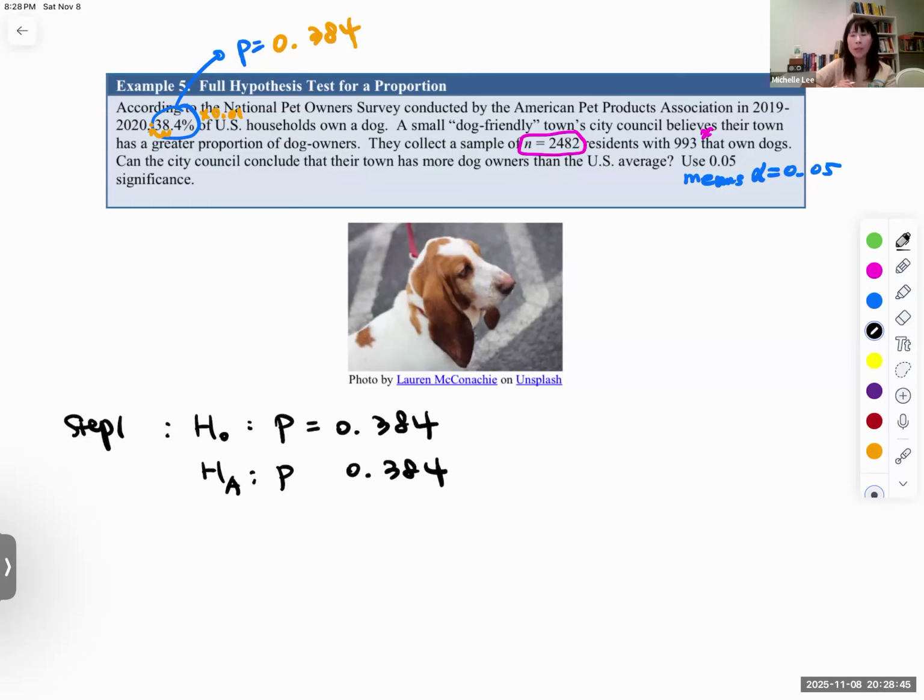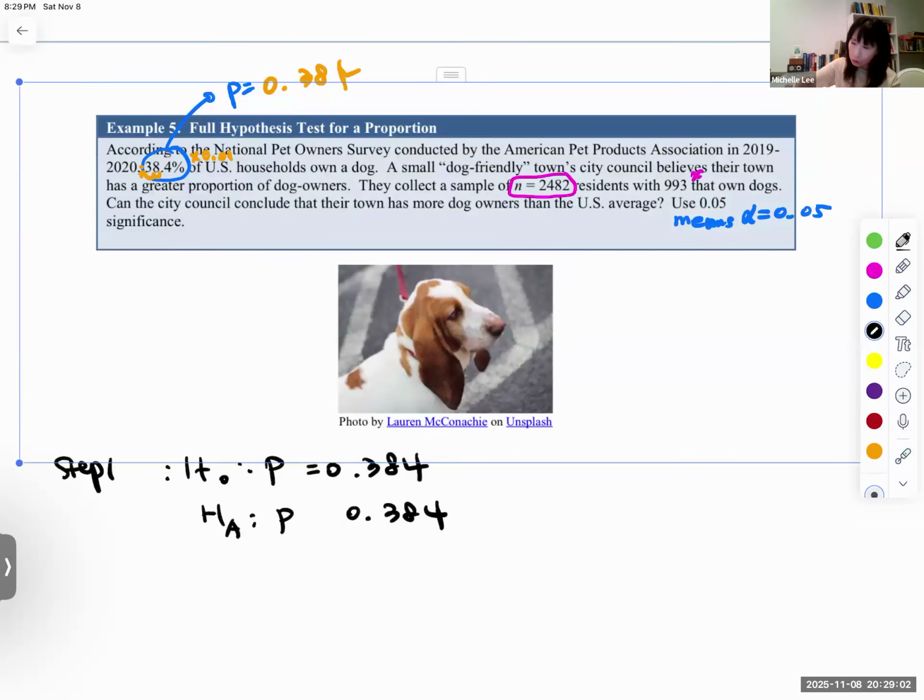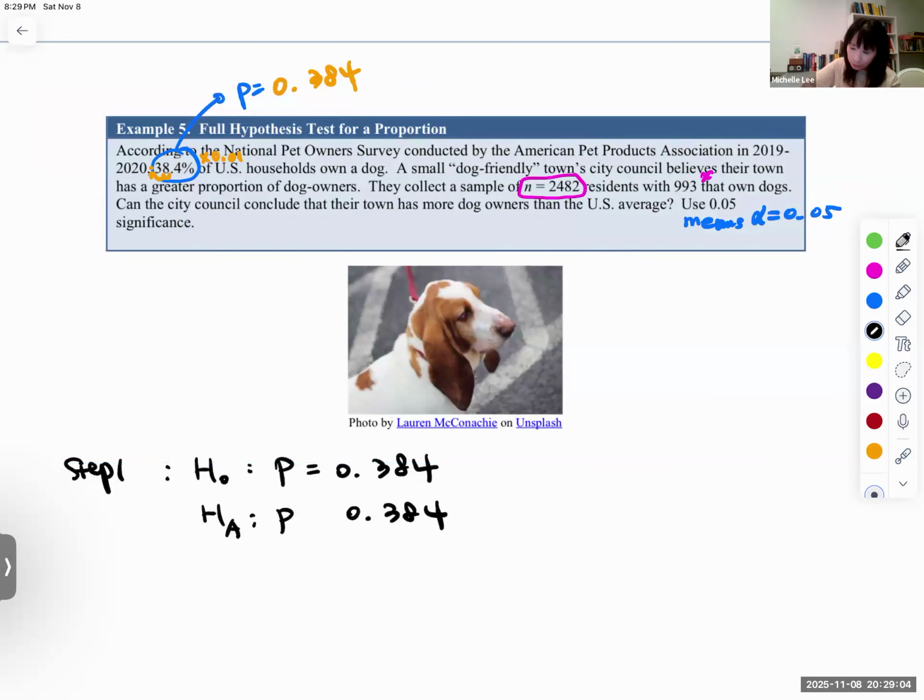Is it less than, is it greater than, or not equal to, right? Let's read. Has more, that means it's greater. So we are using greater.